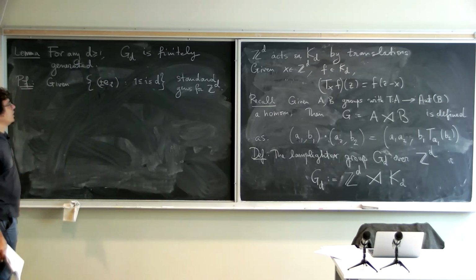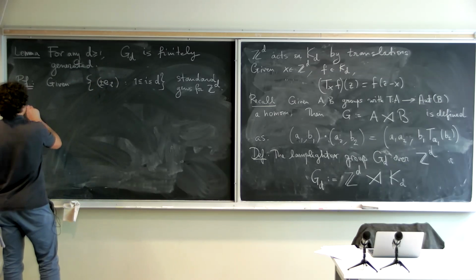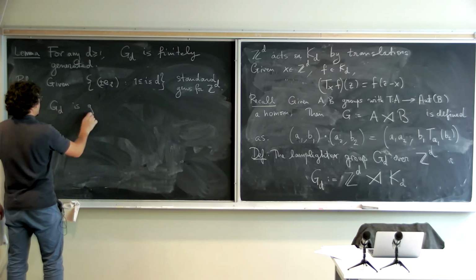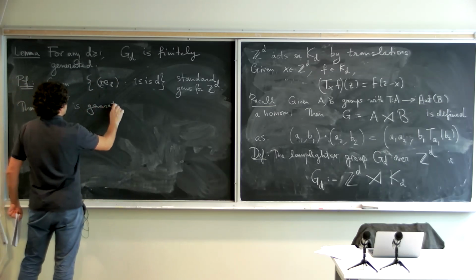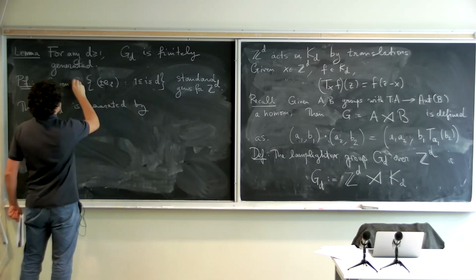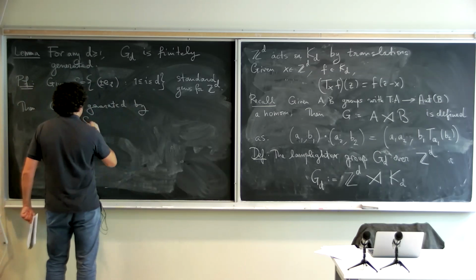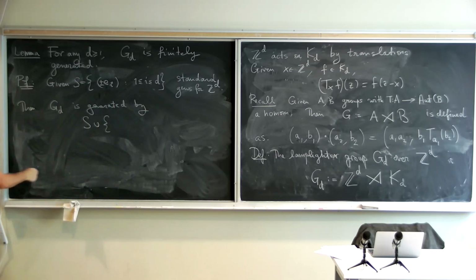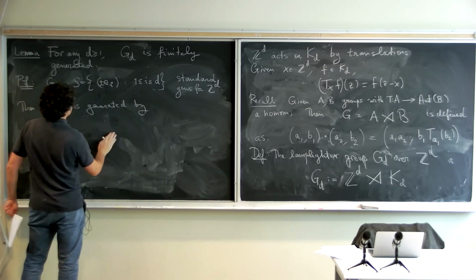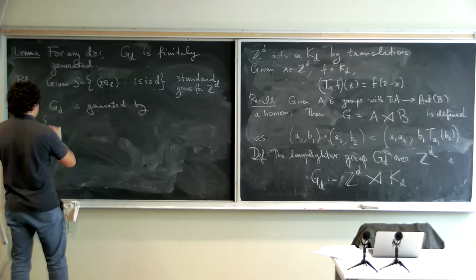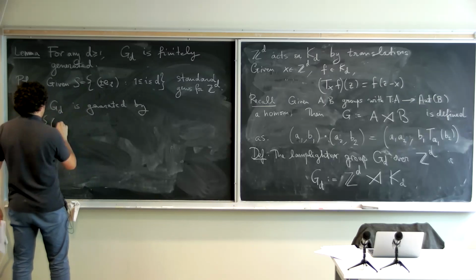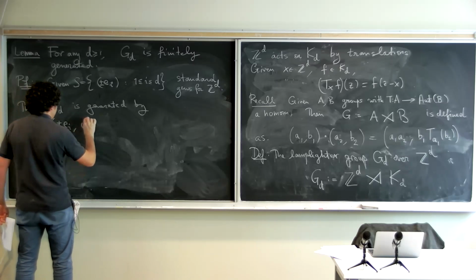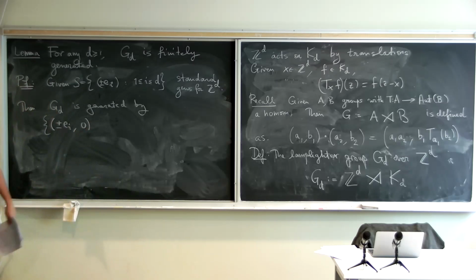So we start with the generators for ZD, and then GD is generated by, okay, let's call this S, S union, and then what's the other thing we need? So, to be precise, we need two coordinates. The first coordinate is in ZD, so it's plus or minus EI. 0, we don't do anything to the lights.